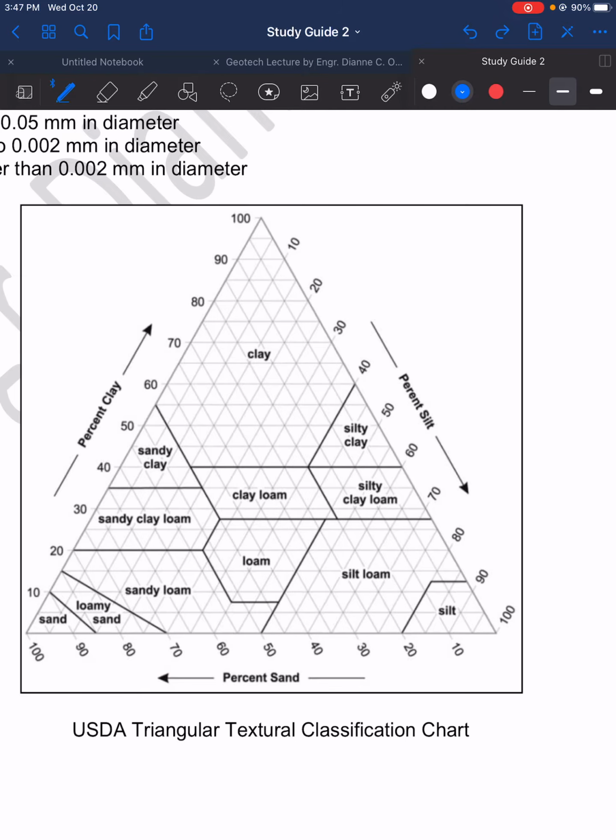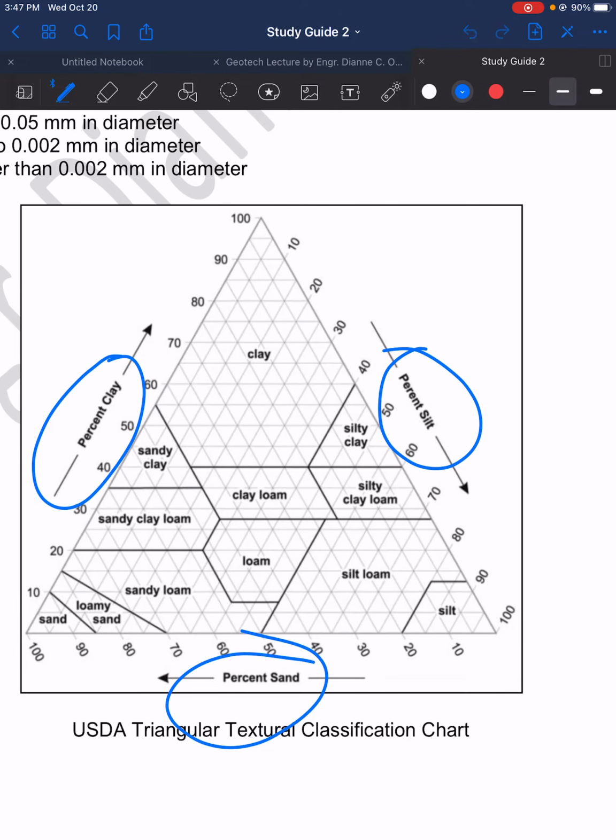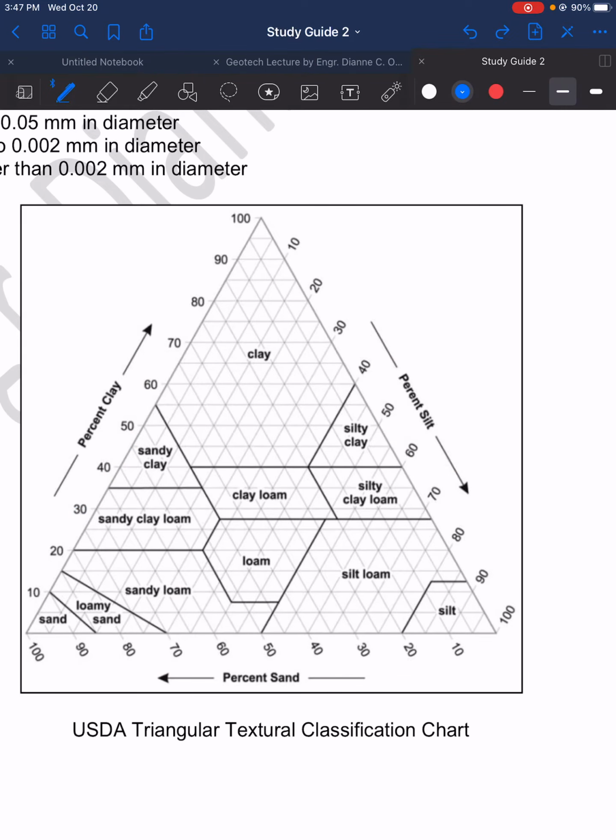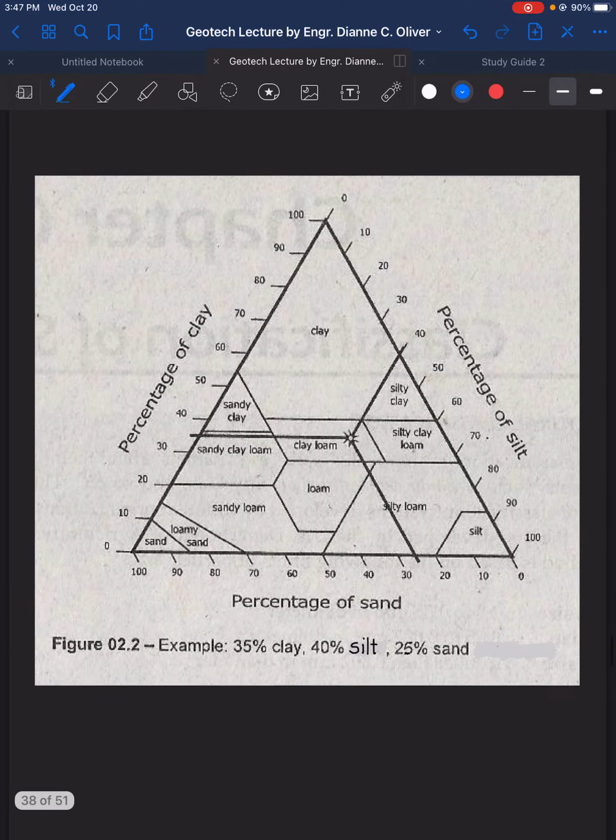So you just have to connect the lines corresponding to the percentages of the different components here. So let's take, for example, this one here.